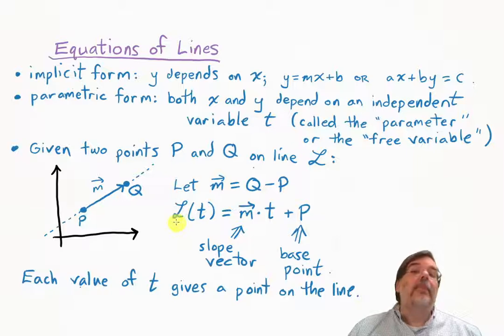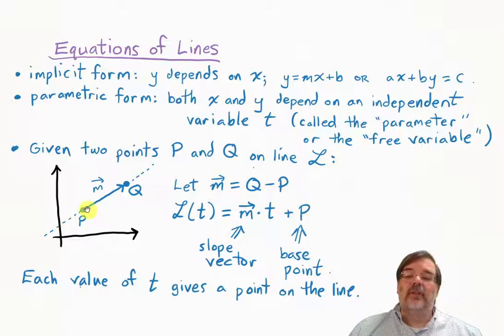And then the parametric equation of a line has this form. L of t, so I'm writing it as a function, L of t is equal to vector m times t plus your point P. And in this equation, we think of the vector m as the slope vector, which shows you the direction or the slope along this line from the point P to Q, and think of P as your base point.